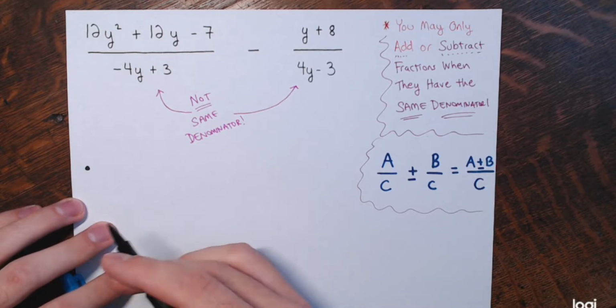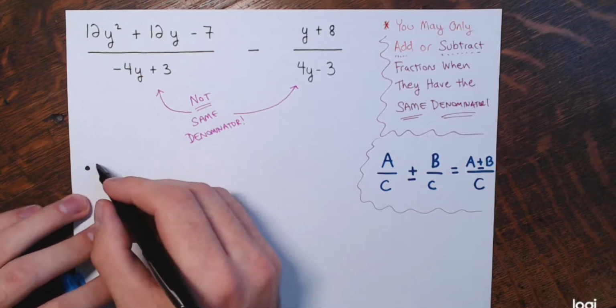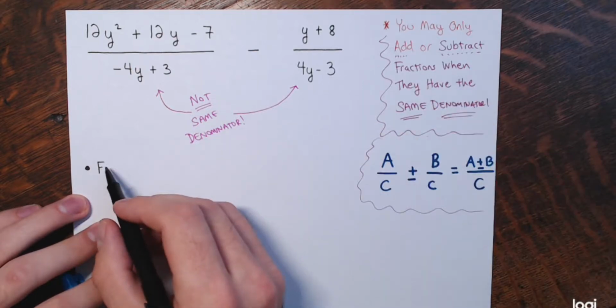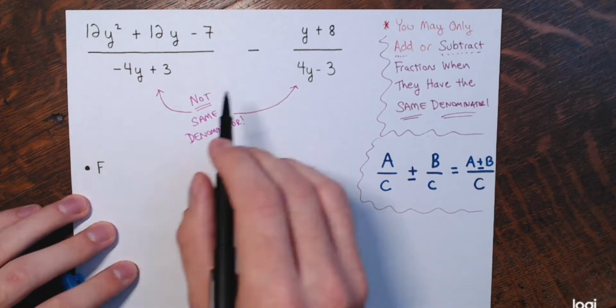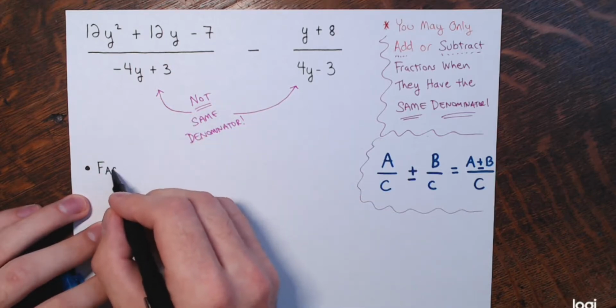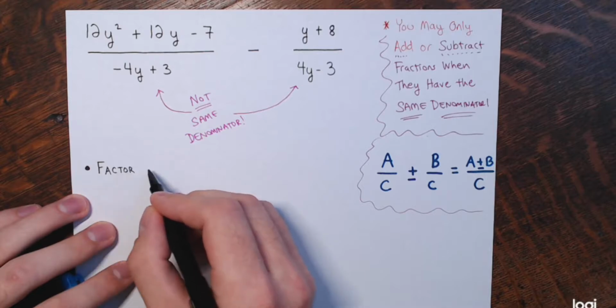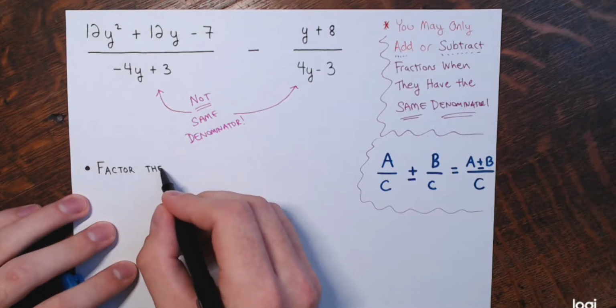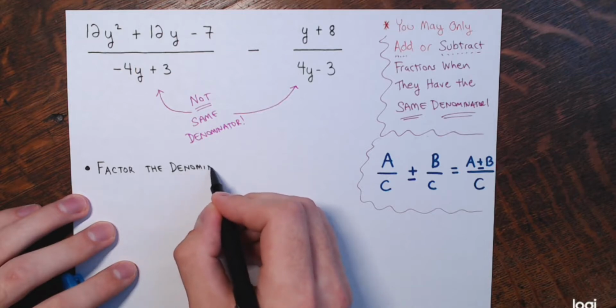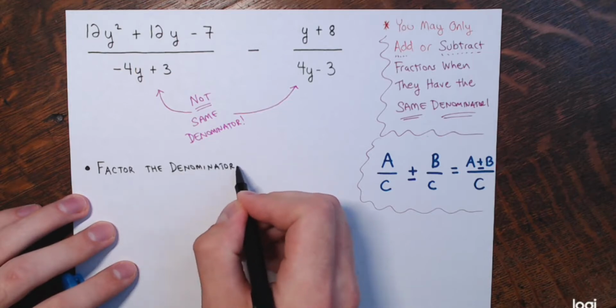I'll write them out again there. So first, when adding or subtracting fractions, if the denominators are not the same, like I have here, factor the denominators completely. That'll be the first thing.